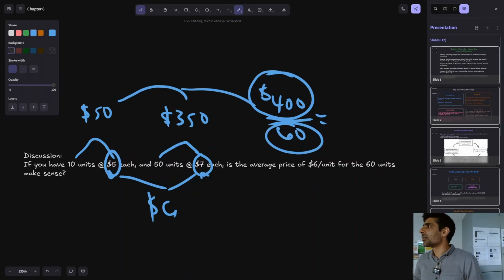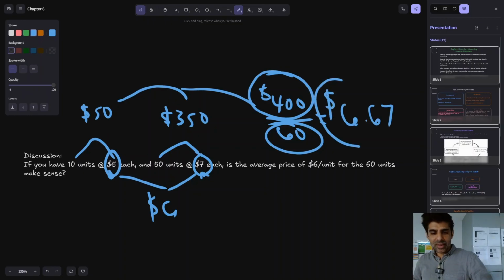So what is this? Does anyone want to help me with the math? 6.67. And as we estimated, it's closer to 7 because there are more $7 units. So this is the amount we'll use in weighted average to calculate our cost of goods sold.